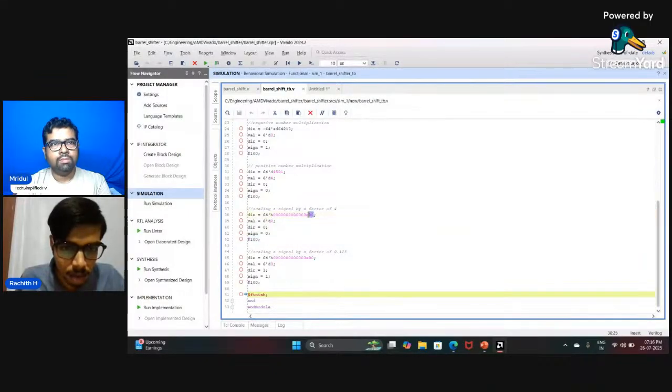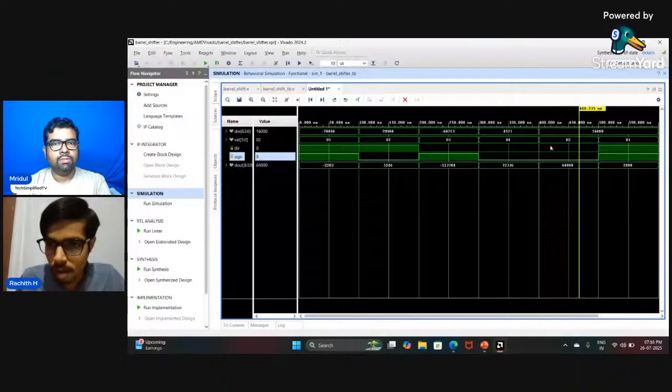This is a dummy value I have selected. It can be different. Scaling the signal by a factor of 4, in the sense we are multiplying it with 4. The scaling factor is 4, which is represented as 2 power 2 here. Direction is 0, indicating left shift, and the sign bit is 0, indicating no need to consider the MSB bit. And the output, we happen to get something like this.